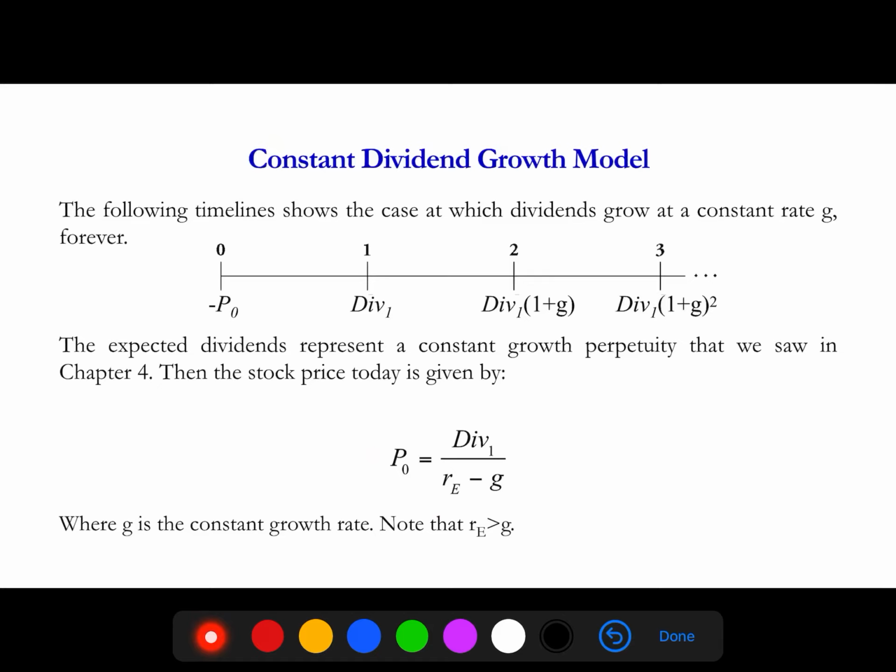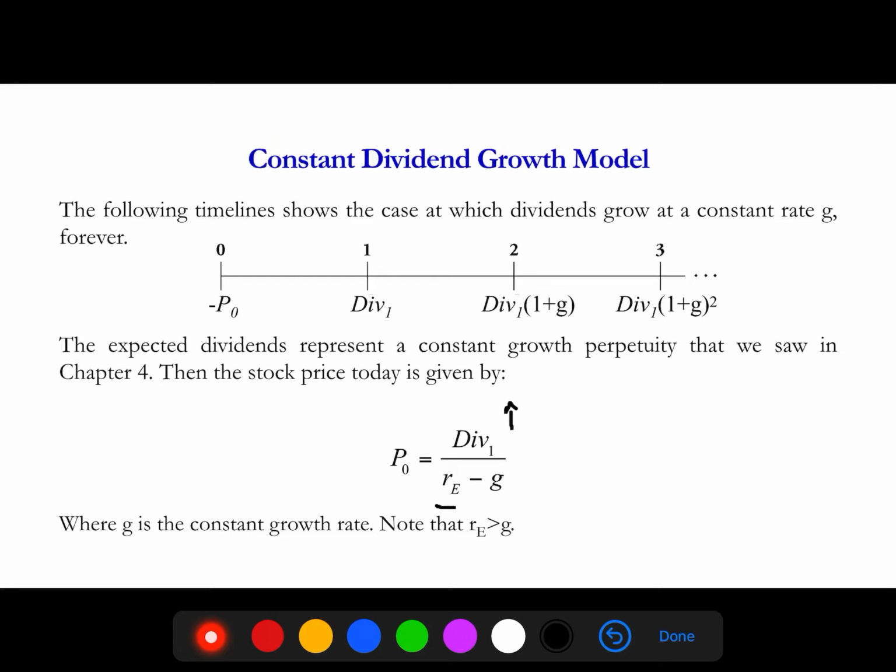we might say that if the manager of a company wants to increase the price of the firm's stock in order to maximize the shareholders' wealth, they need to increase the dividend payment at time 1, given a constant equity cost of capital.